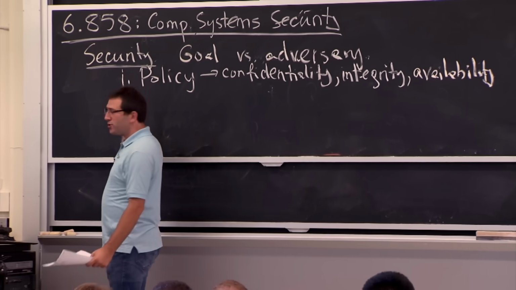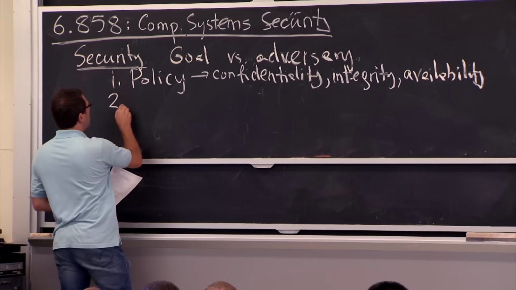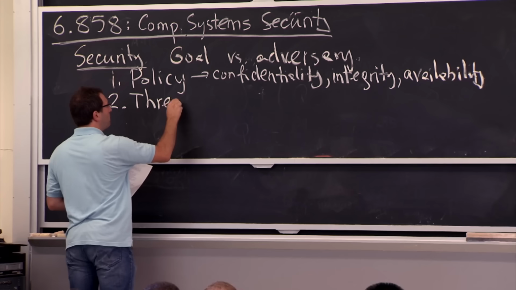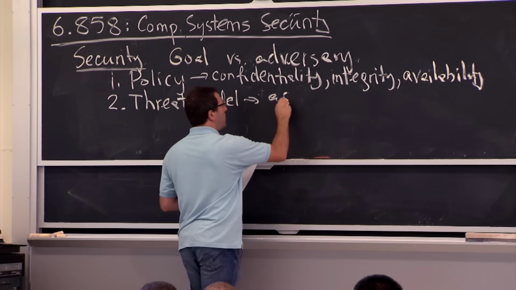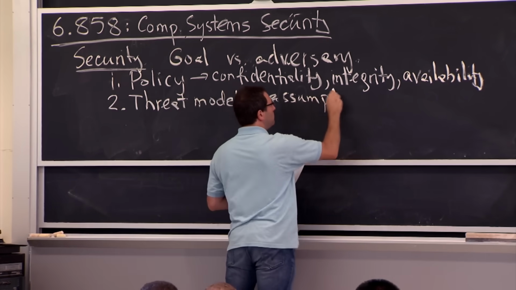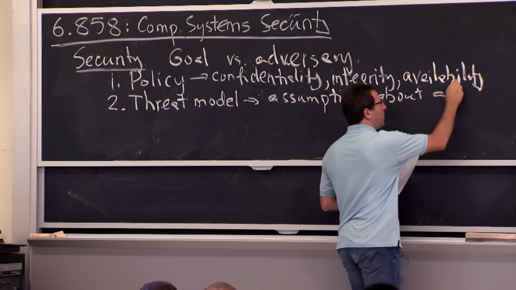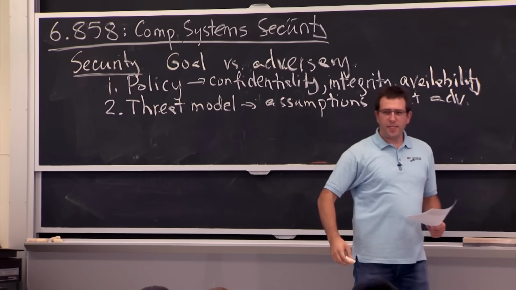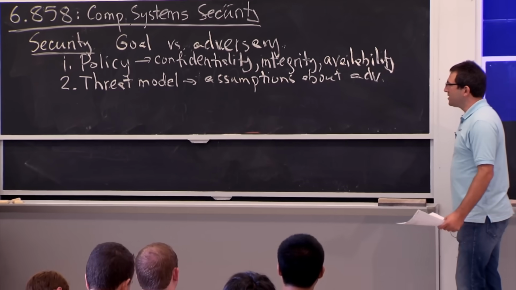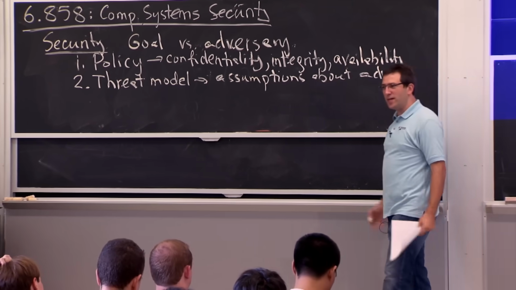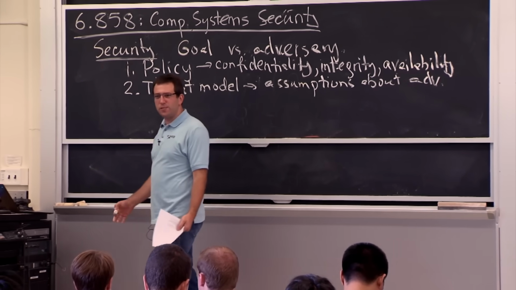But because of security, there's a bad guy involved. We need to understand what we think the bad guy is going to do. And this is typically what we call a threat model. This is basically just a set of assumptions about our adversary. It's important to have some assumptions about the bad guy, because if the bad guy is omnipresent and is everywhere at once and can do anything they want, it's going to be hard to achieve some semblance of security.